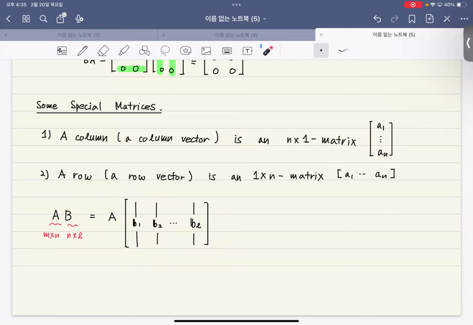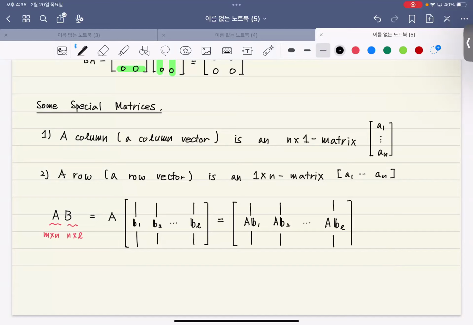If I do that, then the resulting matrix AB can be considered like this. Let me consider the dimensions. A has dimension m by n.